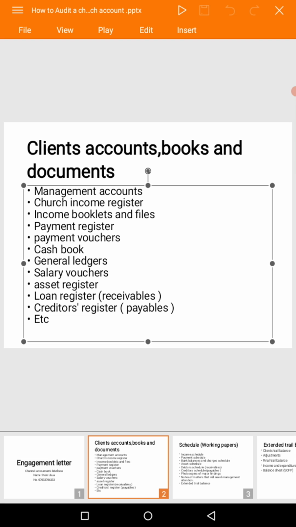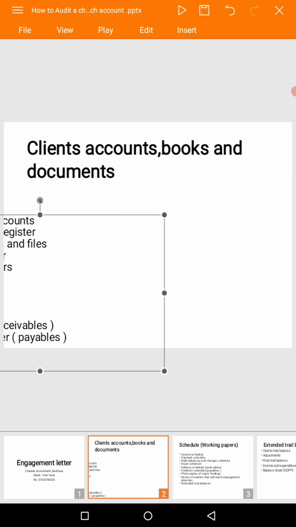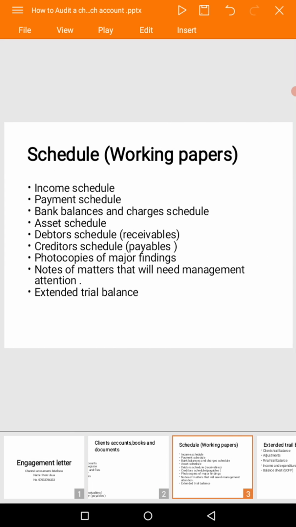That's why, if you notice under my working papers, I've written the notes of matters that will need management attention. That is where you put down issues, anomalies, errors, weaknesses in the accounting system that management needs to address, that needs to be corrected.